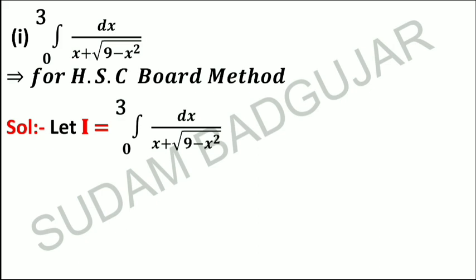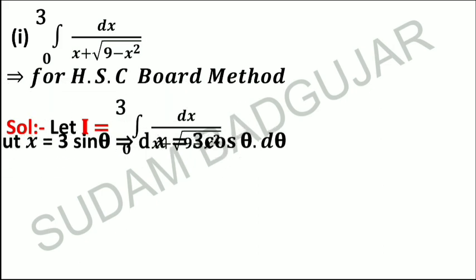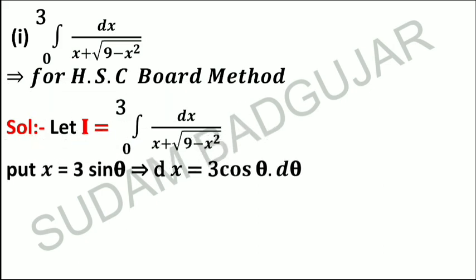Here this algebraic expression you have to convert into trigonometric form. Why? Because here we cannot apply any substitution method, or a method of rationalization, or convert the numerator in terms of the denominator. So put x equal to 3 sin theta. Why 3 sin theta? Because here we have under root 9 minus x square, and 9 means 3 square.